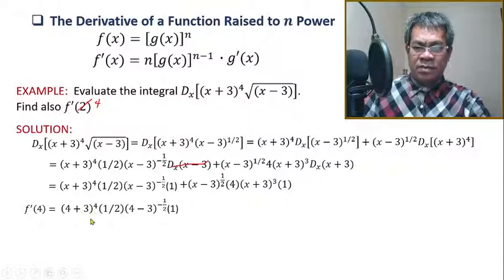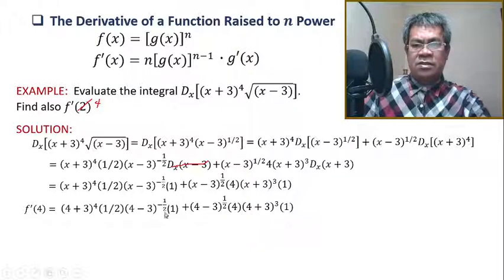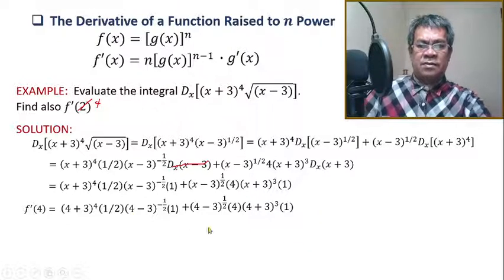Then we come up with this 7 raised to 4. This is 1 half. This is 1 raised to what? Square root. Any 1 raised to a number is also 1. So therefore this is 1 times 1. Then this is copied. 4. So this is another 1. This is 4 copied.